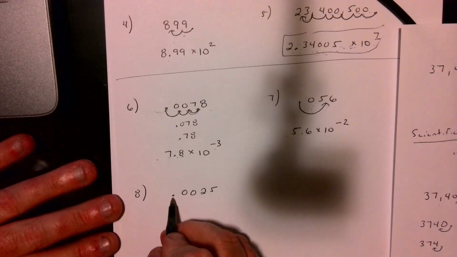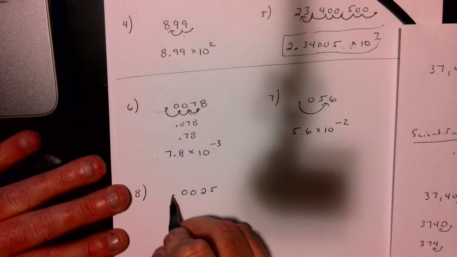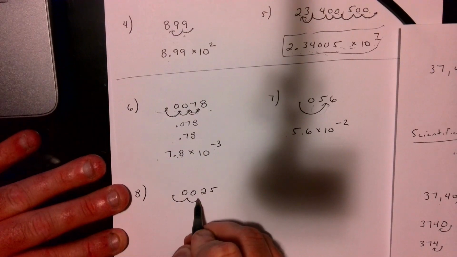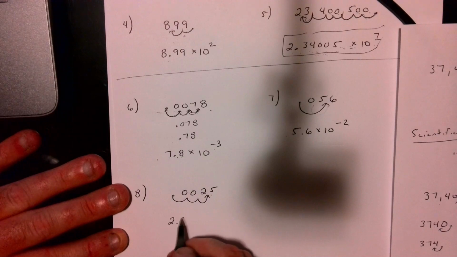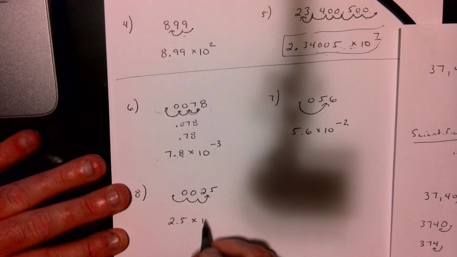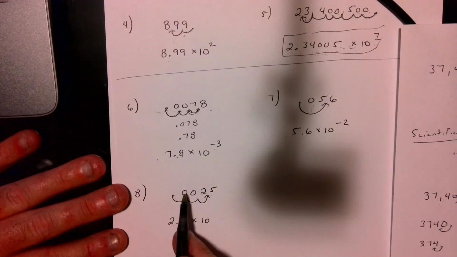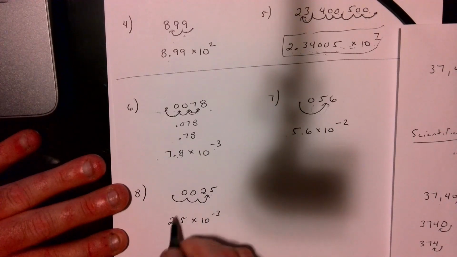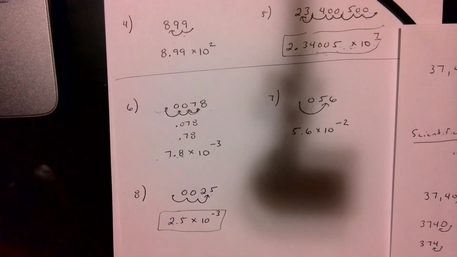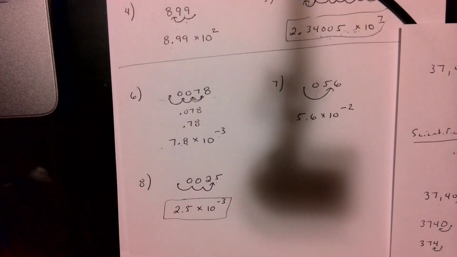Okay, decimal's in the front. Move him over once, twice, 3 times. So we should end up with 2.5 times 10. And he's small, so we want to make this a negative exponent. So 2.5 times 10 to the -3rd. Okay?